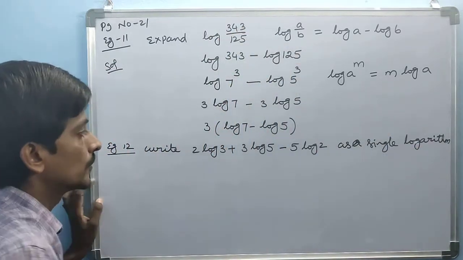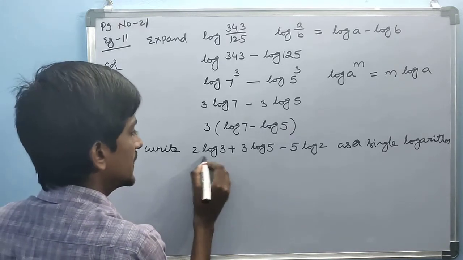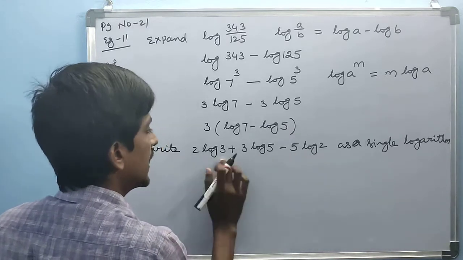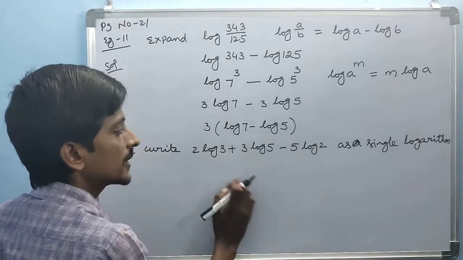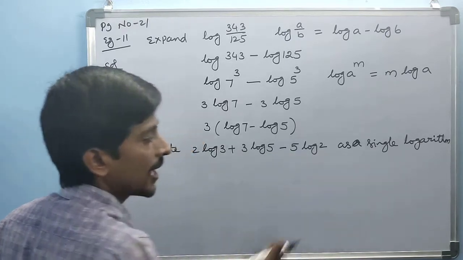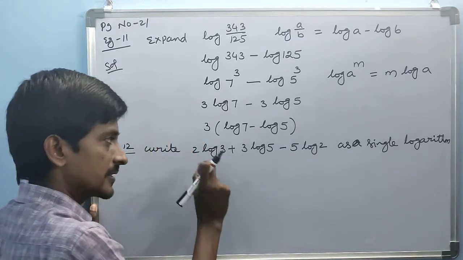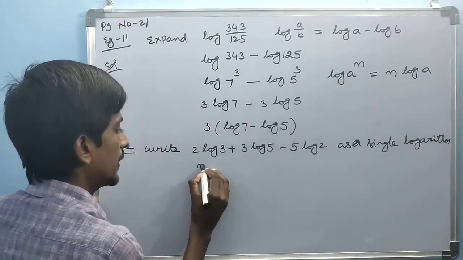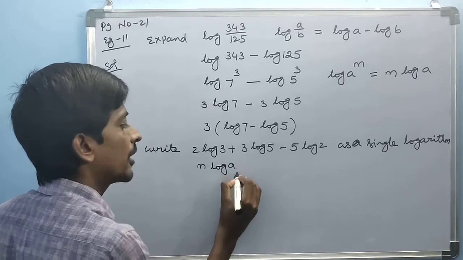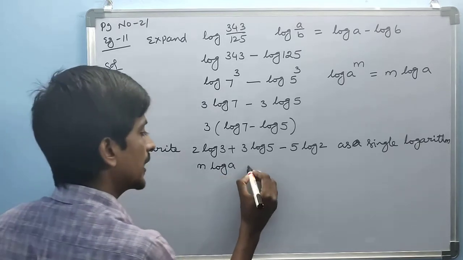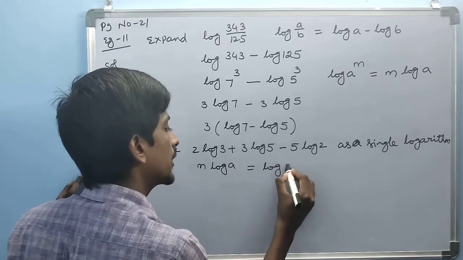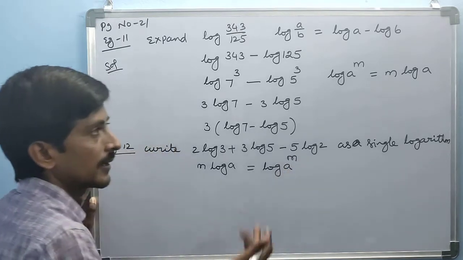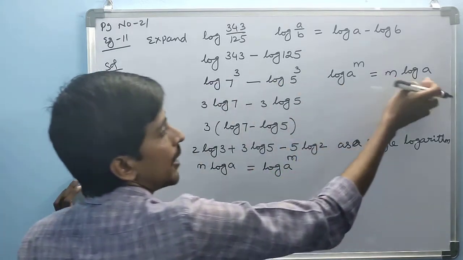Okay. Now this has three terms: 2 log 3, 3 log 5, 5 log 2. The three terms are in the same formula, m log a. So m log a can be written as log a to the power of m, and log a to the power of m can be written as m log a.